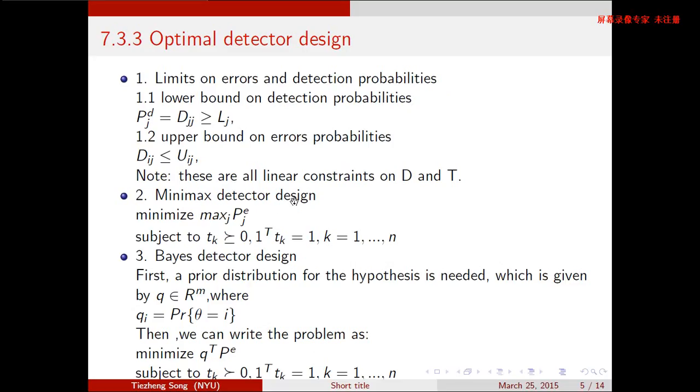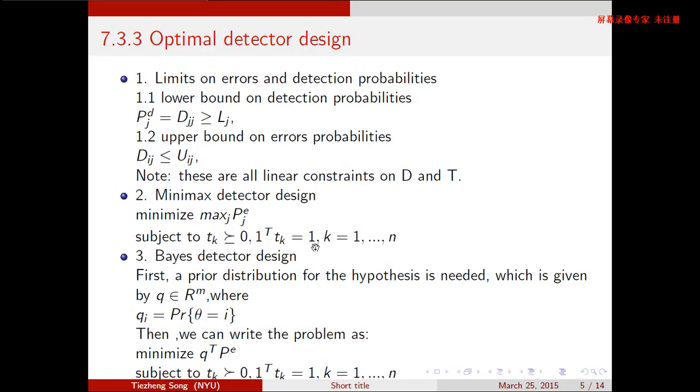One way to design the detector is the min-max detector design. So what we need to do is to minimize the maximum of the error probabilities, subject to these two constraints I talked about on the last slide.